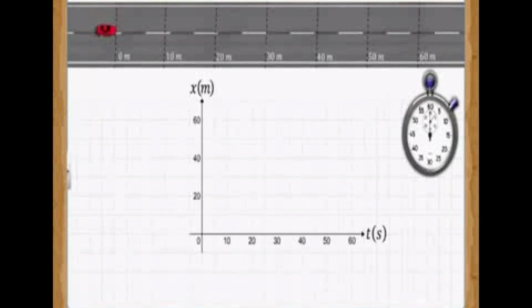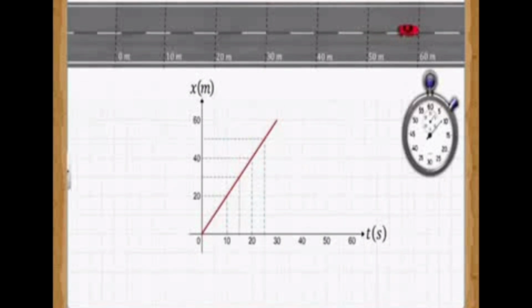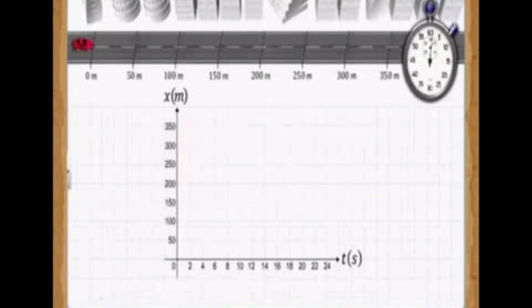The car travels from 0 to 40 in equal intervals of time and equal distance. For the corresponding time periods, 10, 15, 20, 25, 30, you can find the distance traveled by the object: 20, 30, 40, 50, like that.